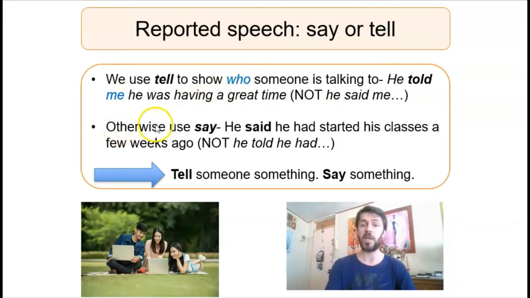Otherwise, you say. So number two: he said he had started his classes a few weeks ago, not he told he had. That sounds strange, right? In other words, if you don't show who someone is talking to, then just use say.